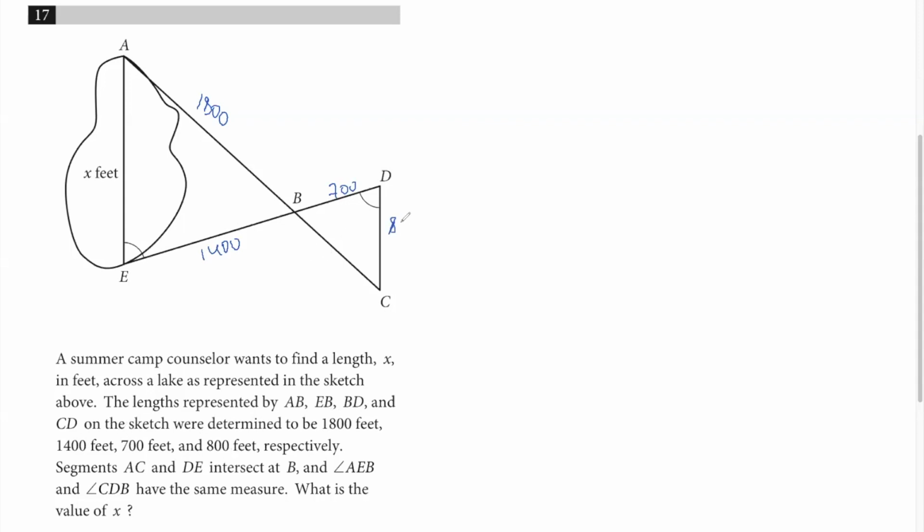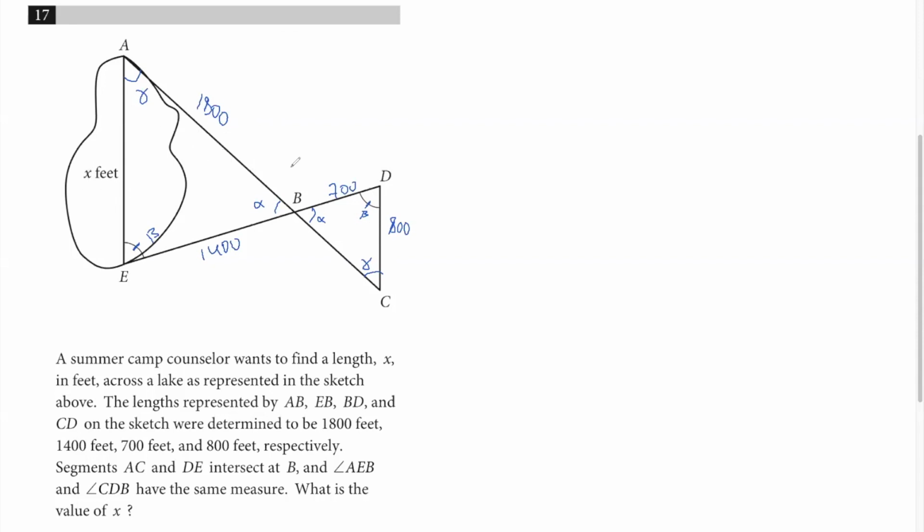It is given that this angle is the same as this angle, and we know the opposite angles are the same. If that one is alpha, it is alpha. If that one is beta, that is beta. And automatically, if that part is gamma, this is going to be gamma. Okay, the question is find the value of x.